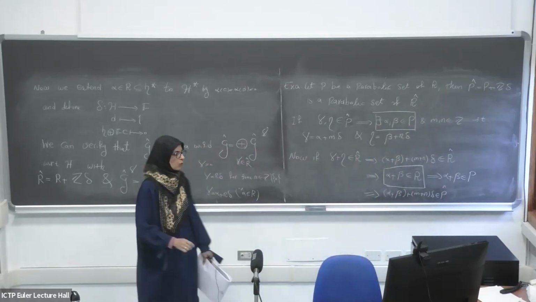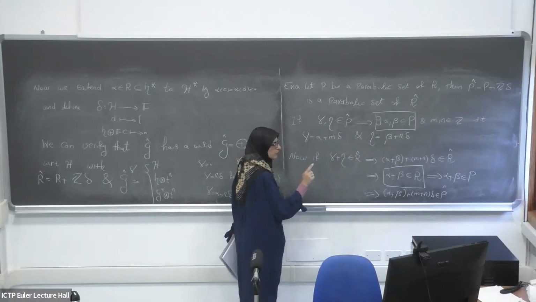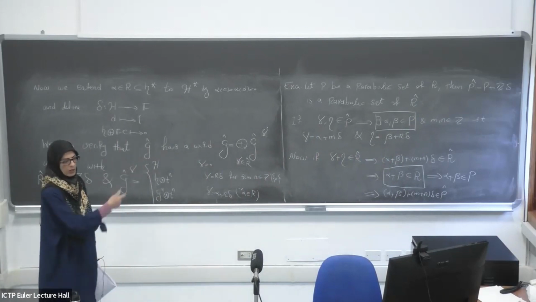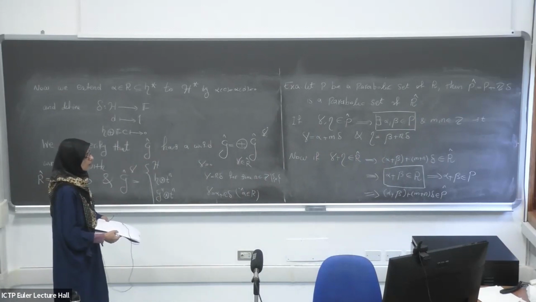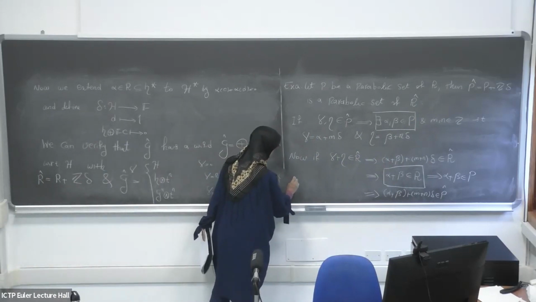Okay, so one of the properties that we should verify was that P hat plus P hat intersection R hat is a subset of P hat, and we saw it. And it is just one part. Please do the other part by yourself.